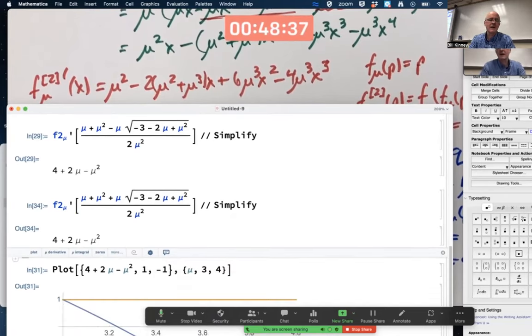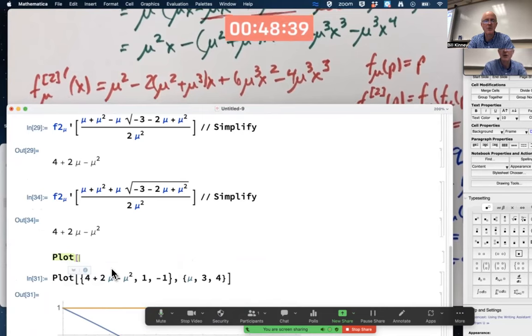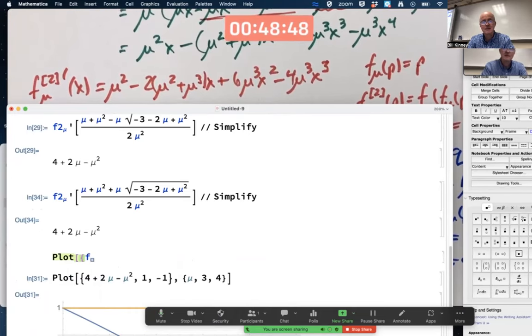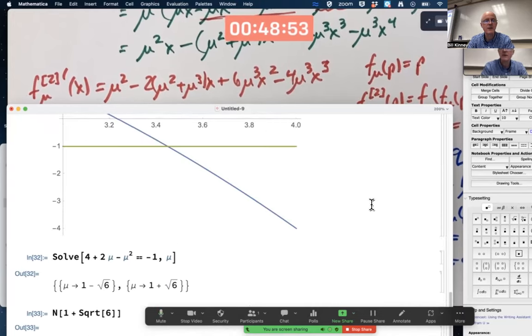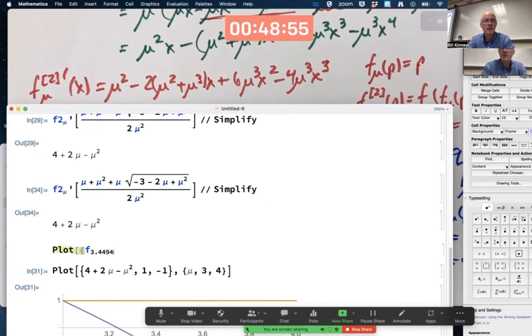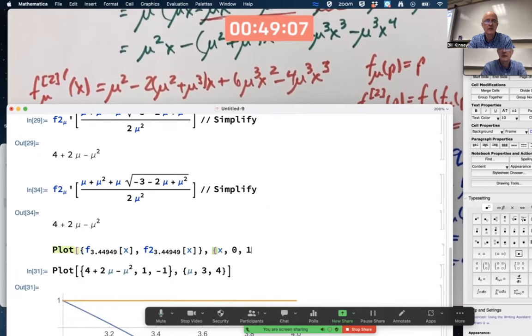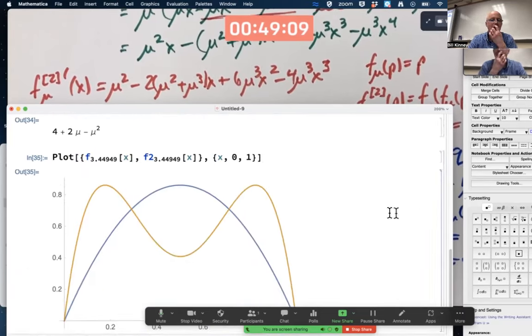What's really going on here can be seen also if you plot both F and F2. Let me go ahead and plug in a decimal here, 3.44949. If I plot both of these, that's this kind of picture.